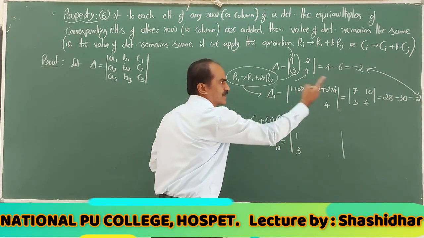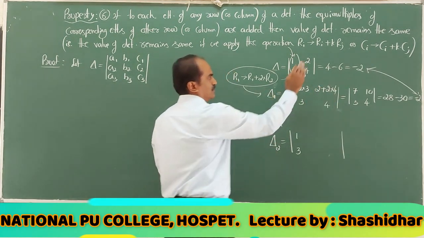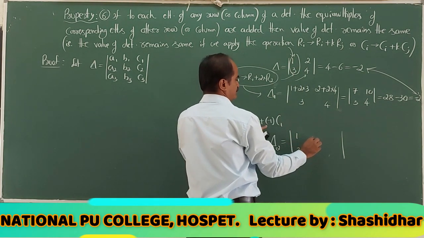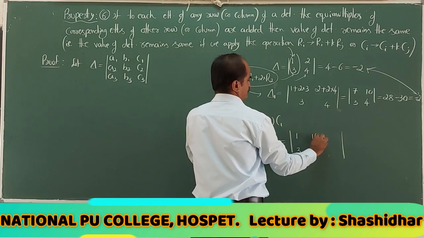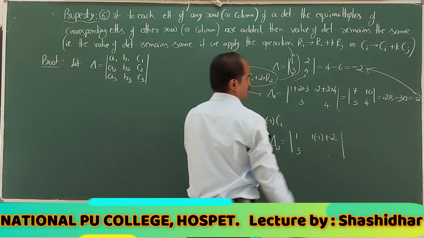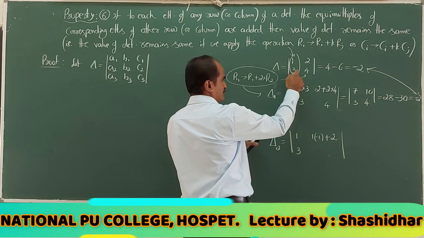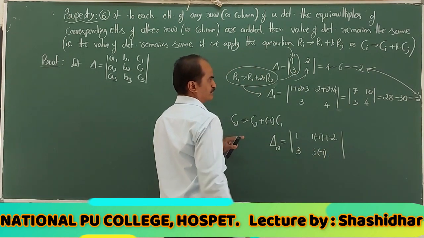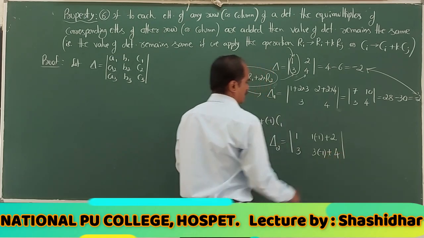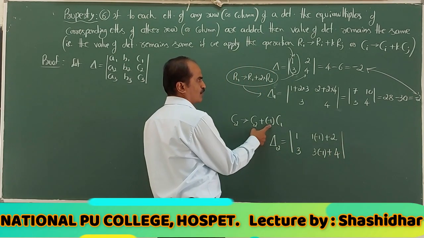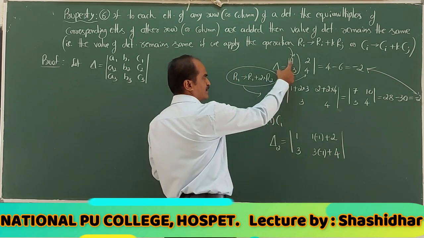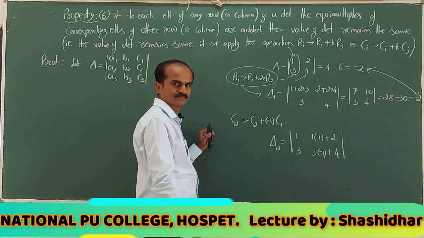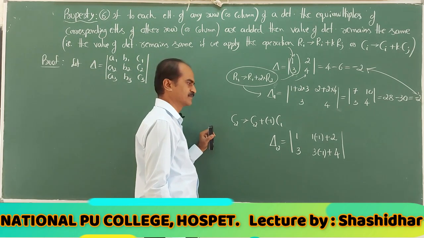Then add it to the corresponding elements of column 2, that is 2, 4. So 1 into minus 1 plus 2. Then here 3 into minus 1 plus 4. So I multiplied column 1 elements by minus 1, 1 into minus 1, 3 into minus 1, and added to the corresponding elements of the second column.